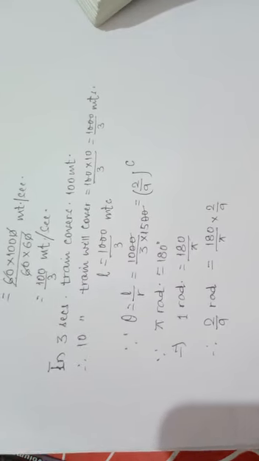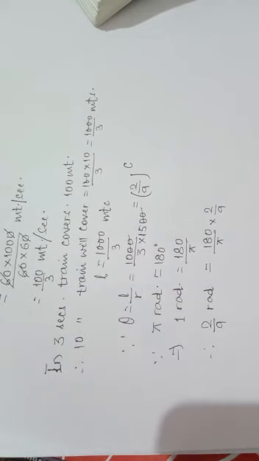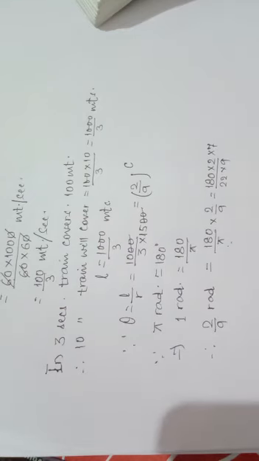Write down the value of pi, 22 by 7. Simplify this one, you will get the result.